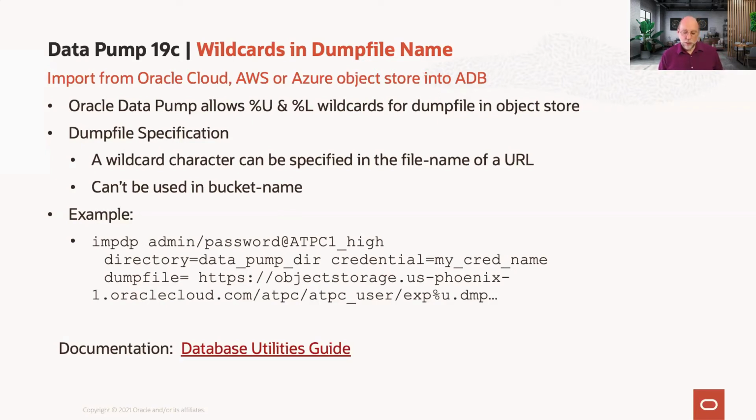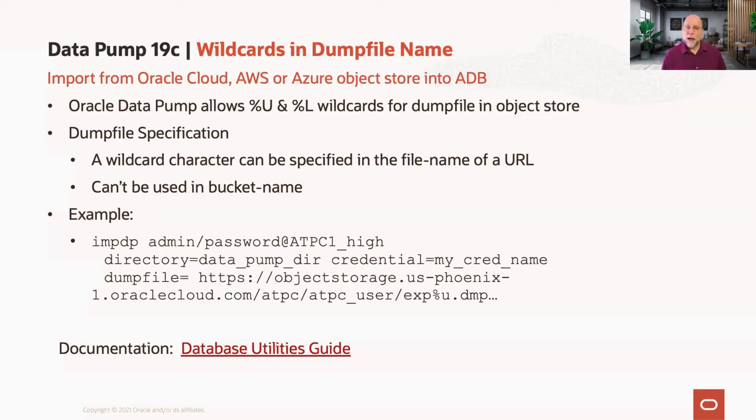And the reason you would do that, first of all, is whenever you're exporting with parallelism, you want to use a wildcard so that we can create multiple dump files. That way we're writing to multiple files and we don't have contention there. And second is, especially when you're migrating over the network, it pays to keep your dump file size reasonably small, like 5 or 10 gig, so that you can copy them easily and not worry about what happens if you're halfway through a terabyte data transfer and you lose your network connection.